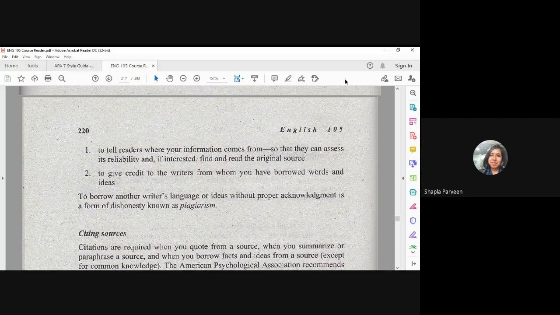Wherever you have borrowed the information from, you must provide the source documentation because you cannot steal other people's ideas and make them your own, right? And you have to give credit to those writers, or if it's something spoken, you have to give credit to them. And that's why it's important to provide the source documentation. So clear, everyone?